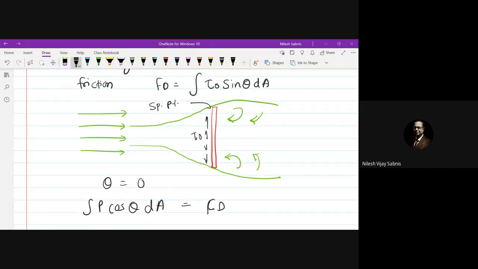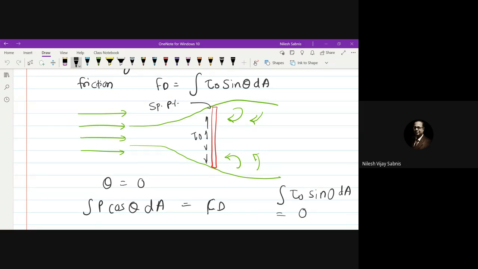Because integration tau 0 sin 0 dA will be equal to 0, since sin 0 is 0. The angle made with the direction of motion is 0, so the friction drag will become 0. Total drag will be equal to the pressure difference between the upstream and downstream of the plate.